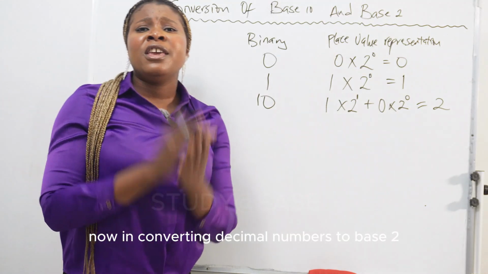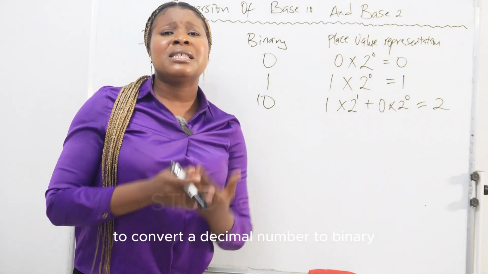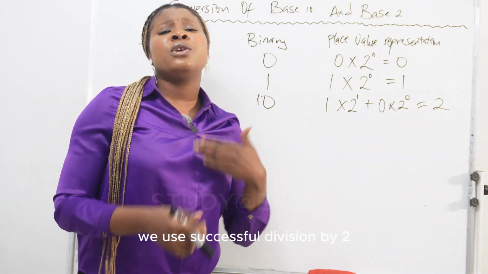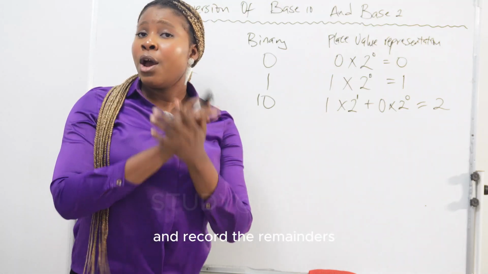Now, in converting decimal numbers to BASE2, to convert a decimal number to binary, we use successive division by 2 and record the remainders.